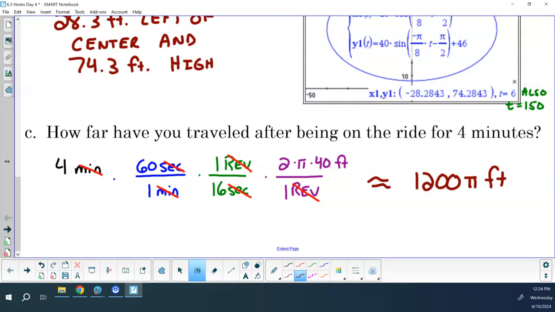What do you got? I got it in exact already. You give it to me. 3 7. So you traveled almost 3,800 feet just in a circle.